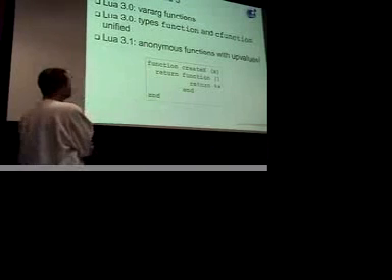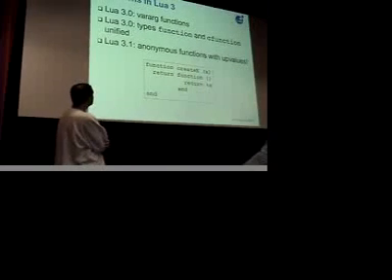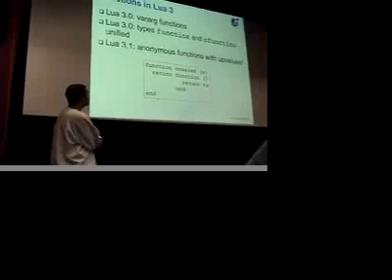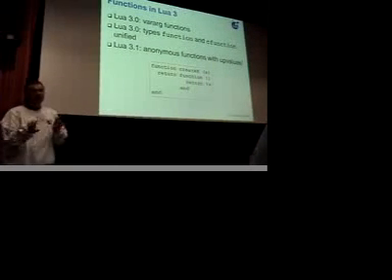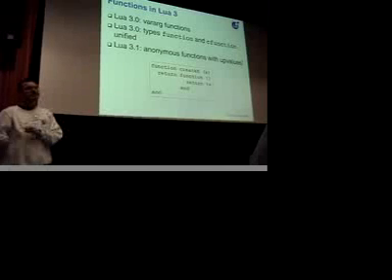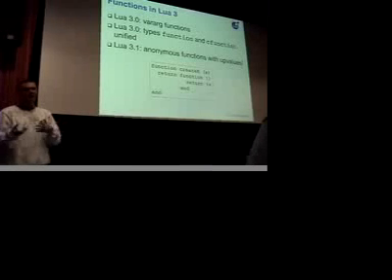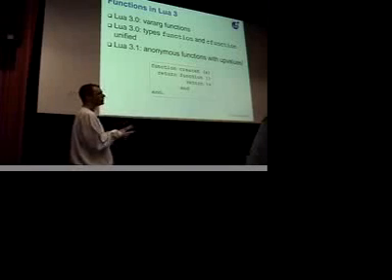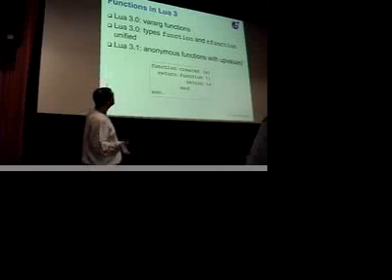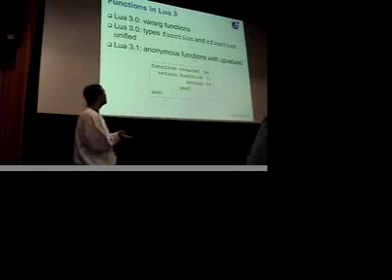Later in Lua 3, we introduced var functions. Up to Lua 2.5, there were two different types of C functions and Lua functions, although we could call them exactly the same way, but they were two different types. In Lua 3.0, we unified them, they became only one type, function.